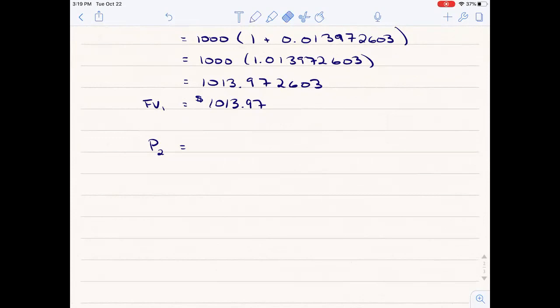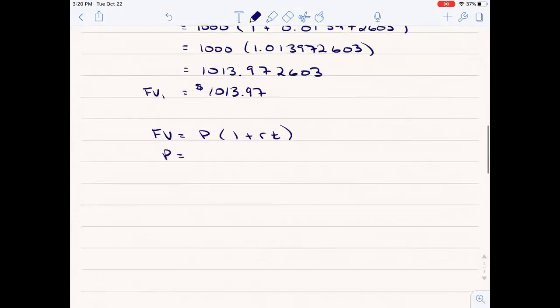Because we're about to use the P formula twice, let's just see how we get it. It's nothing crazy. Future value is P times 1 plus RT. And so solving for P, we get the future value over 1 plus RT.